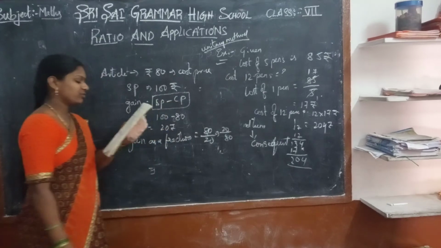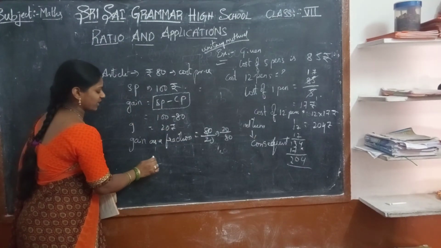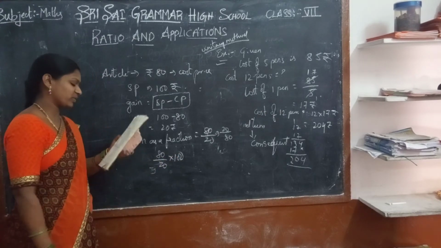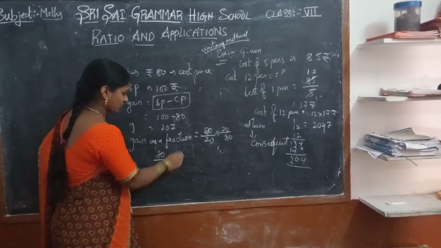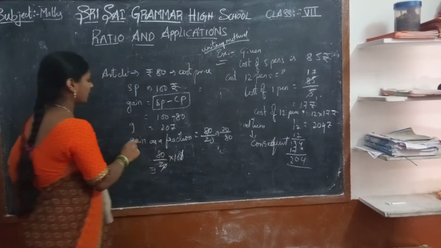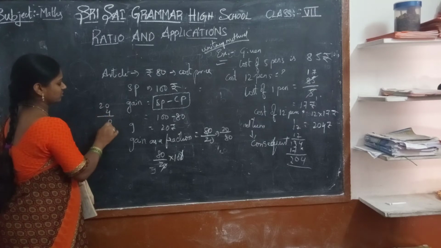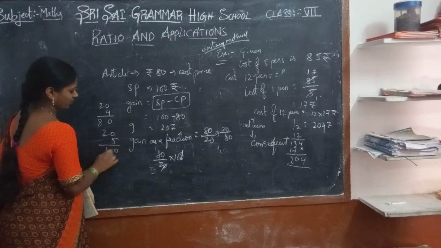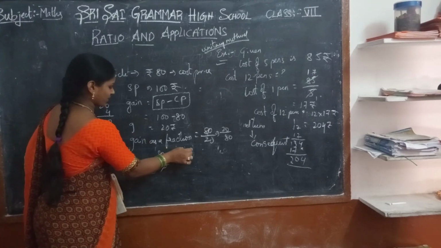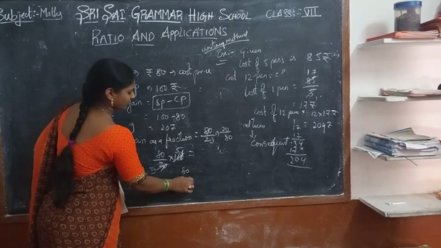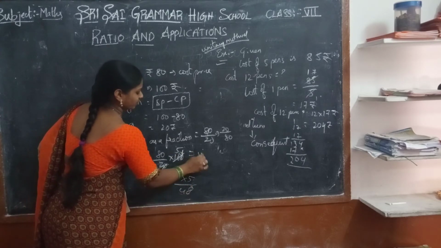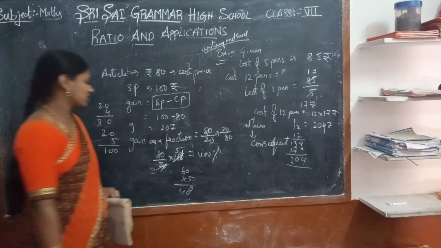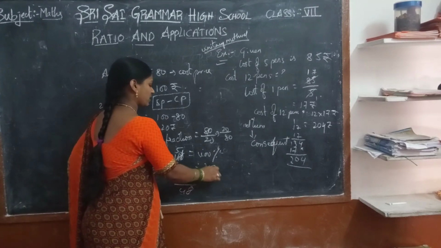For the gain percentage, it is multiplied: 20 by 80 into 100. Now the zeros get cancelled. 20 fours are 80, and 20 fives are 100. So 400 by 80 is 5, and the gain percentage is 25%.